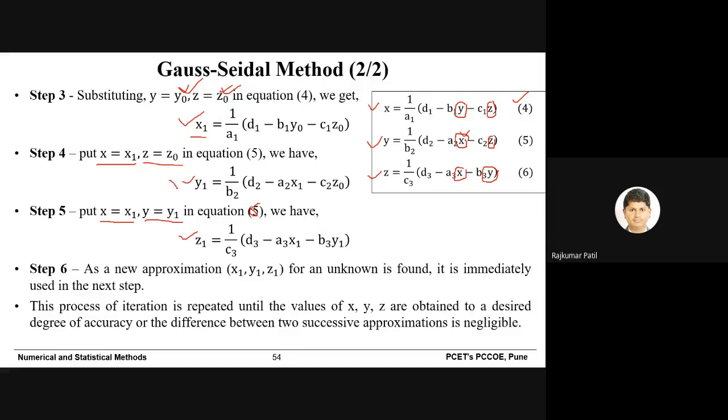But when we go to y1, we take the latest value x1, and we take z naught, the initial approximation. And then when we go to z1, we take the latest values of x1 and y1. So the Gauss-Seidel method always uses the latest values of x, y and z, and that's why the iteration speed of the Gauss-Seidel method is quite higher.